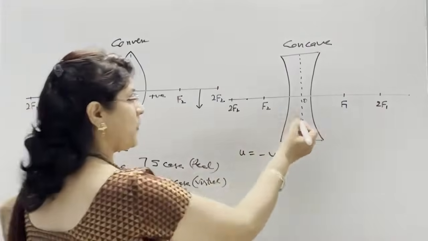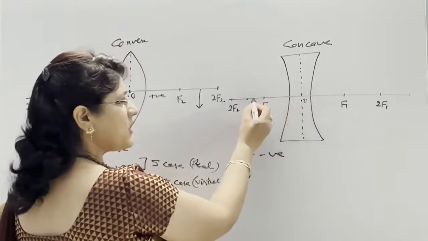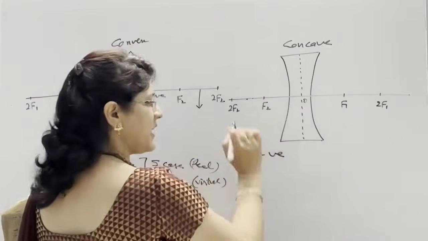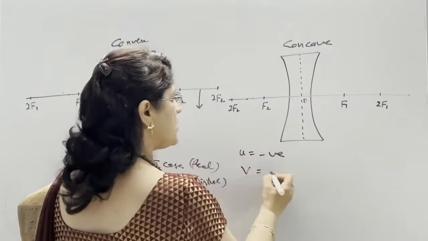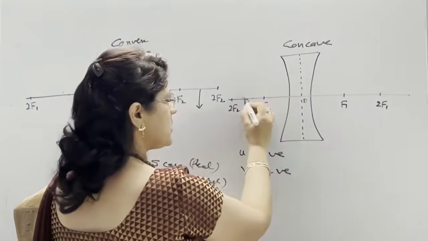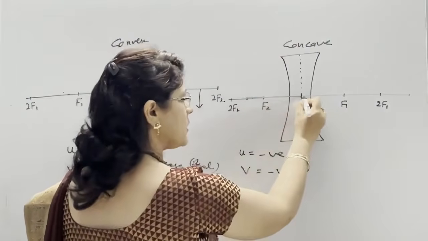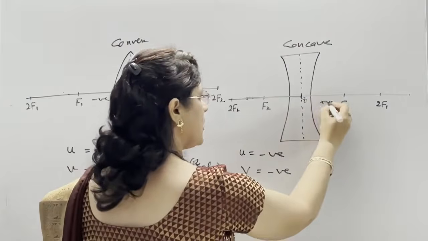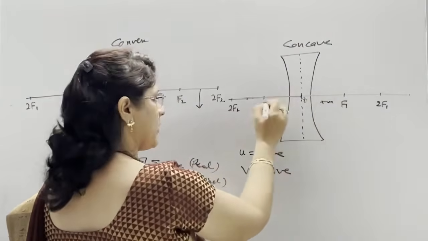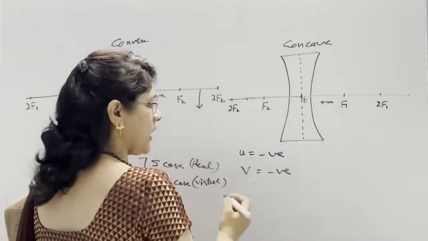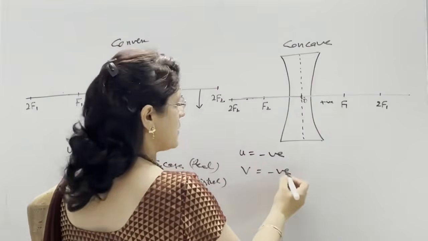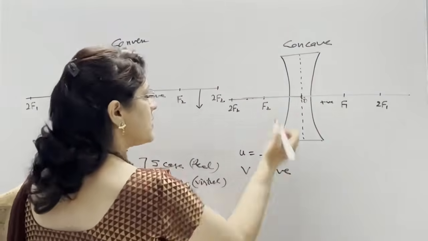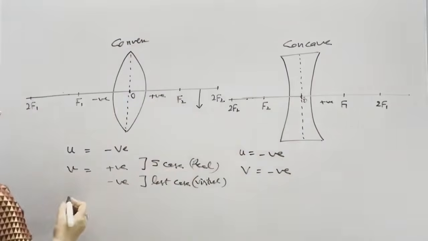But we know that in the case of a concave lens, the image is always formed on the left hand side of the lens. It means v is always negative because this is the negative side of the number line, this is 0 and this is the positive side. So the image is forming on the same side where the object is placed in the case of a concave lens. So v is negative. The distance of the image is negative in the case of a concave lens.